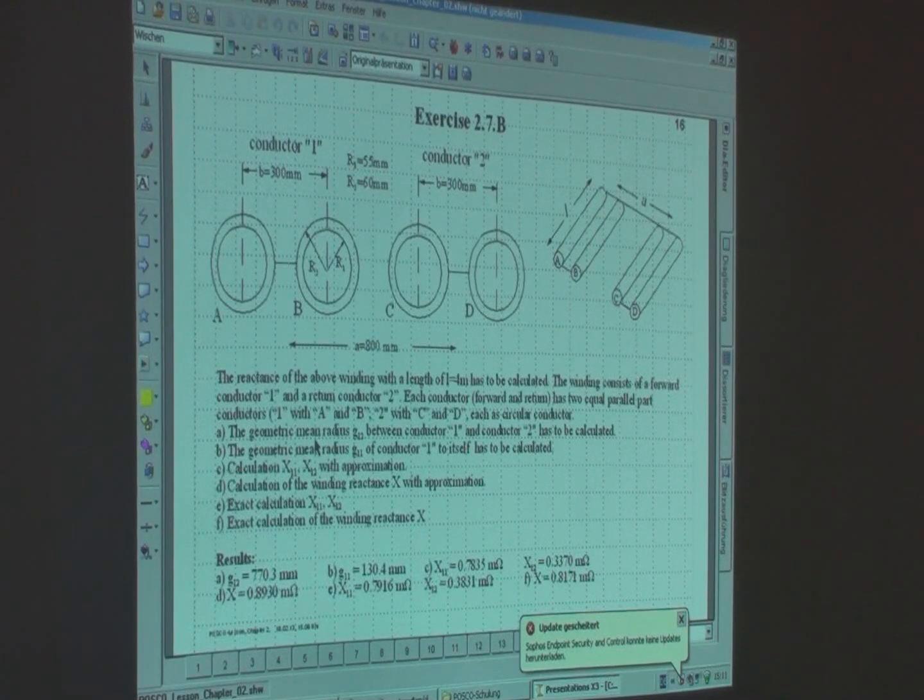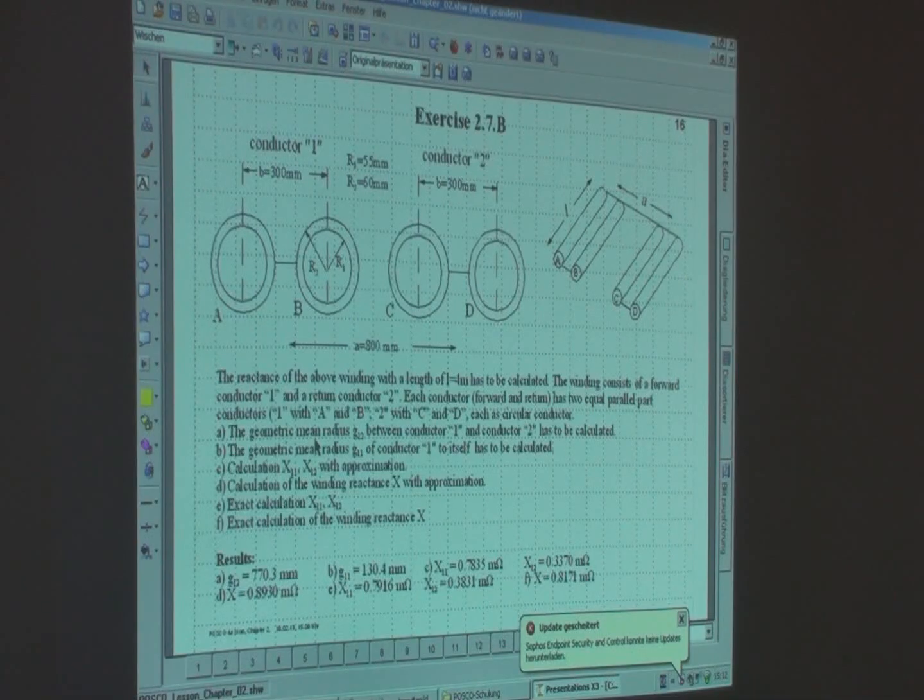AD is 1,100 millimeters. BC is 500 millimeters.